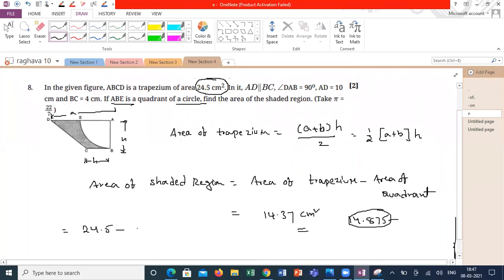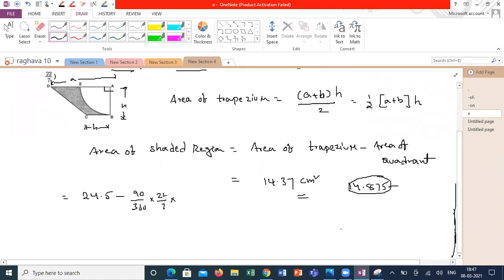Then how to calculate the area of this quadrant? Theta by 360 into pi r square, sir. It is 90 by 360 into 22 by 7 into what is the r value? 3.5.